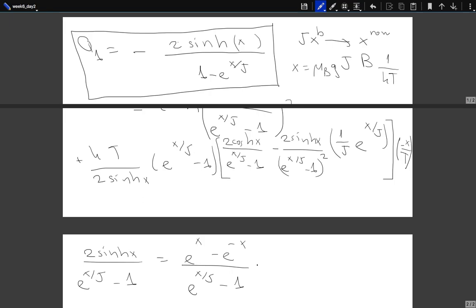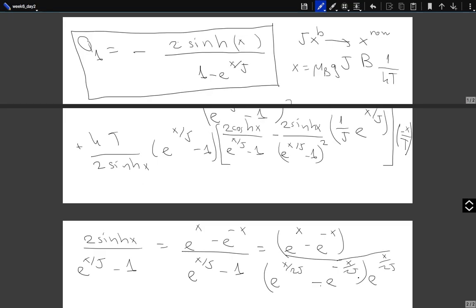So this is e to the power x minus e to the power minus x, divided by e to the power x over 2j minus e to the power minus x over 2j, times e to the power x over 2j. Well, it's not simpler. Okay, so nothing to do.